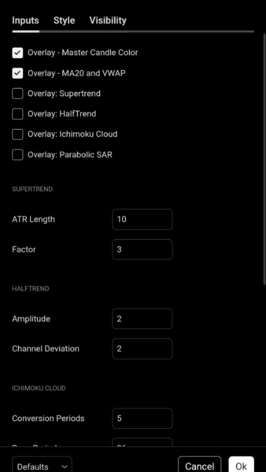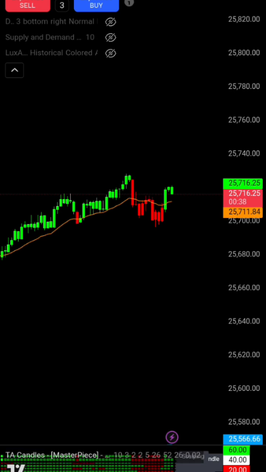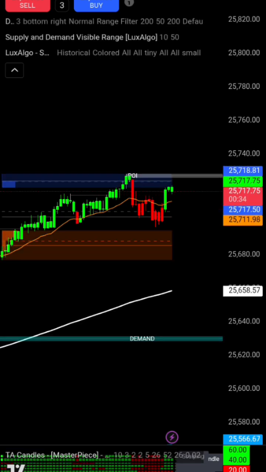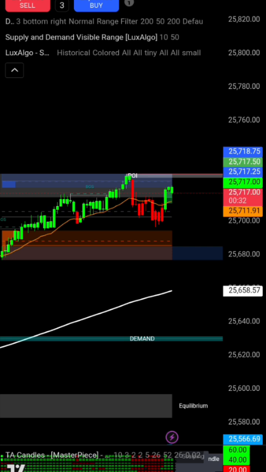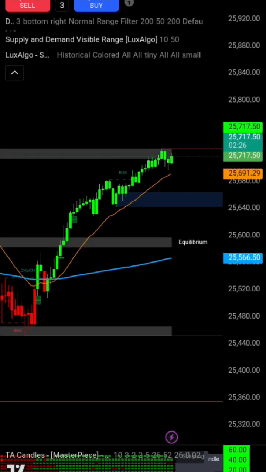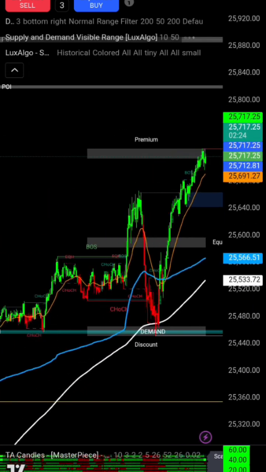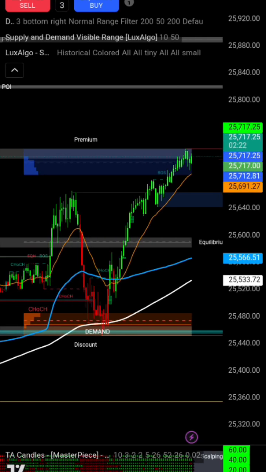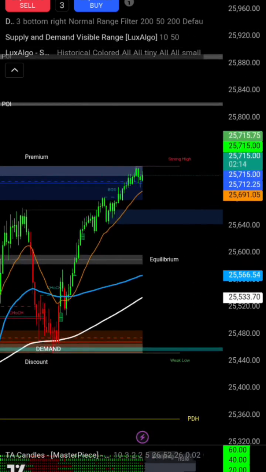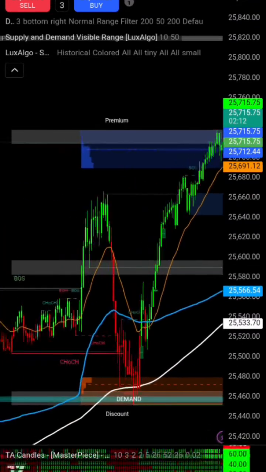That's not how I set mine up, but if you want the default, that's what it is. And you can put supply and demand and set it up really how you want to. That's on the 1 minute chart. That's how it looks on the 5 minute chart. So you're seeing, with that VWAP down at the bottom of the range, you get that bounce, turn green, and you're still holding.